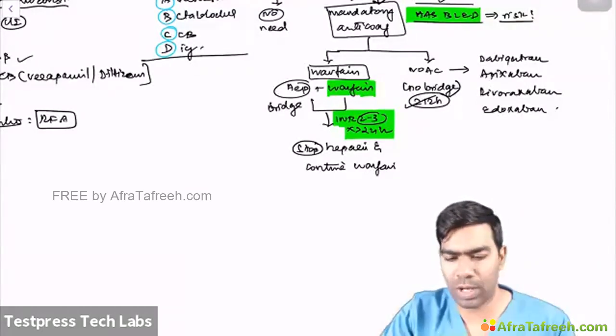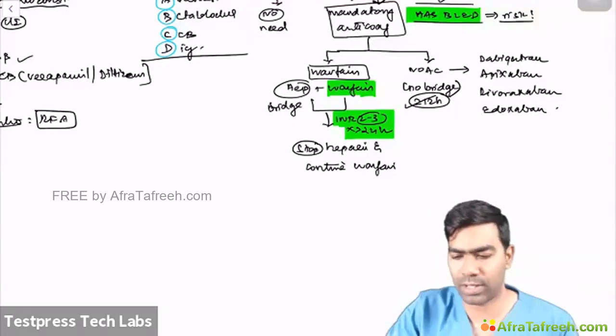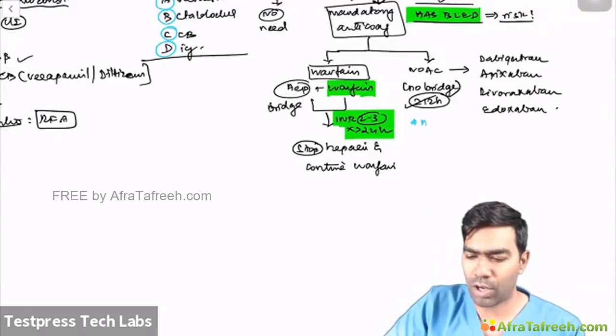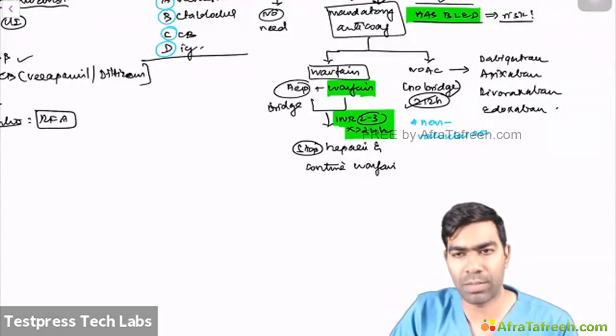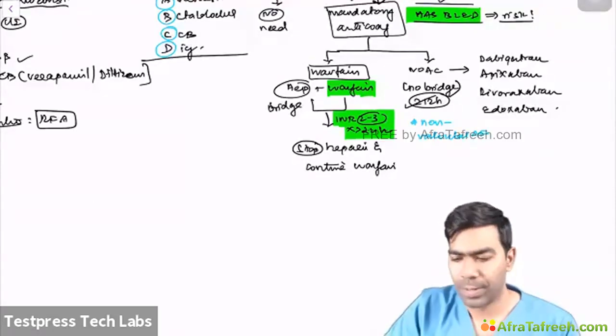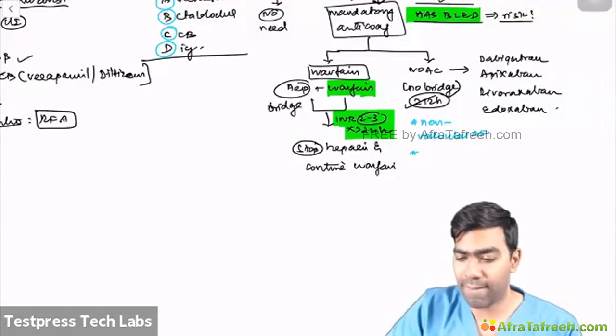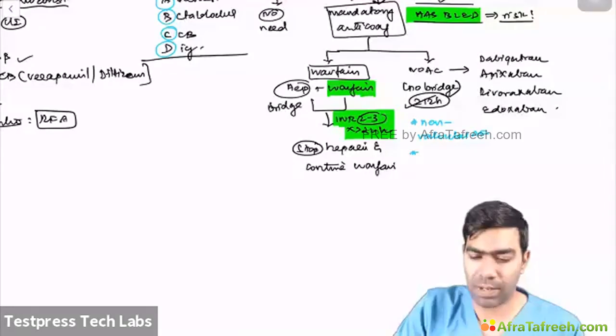But one important thing to note about NOACs is that they are currently approved only for non-valvular atrial fibrillation. They are not approved for valvular atrial fibrillation, which means if your AF is due to some valvular defect like MR or MS, then NOACs cannot be used. Second, they are not good for APLA patients.